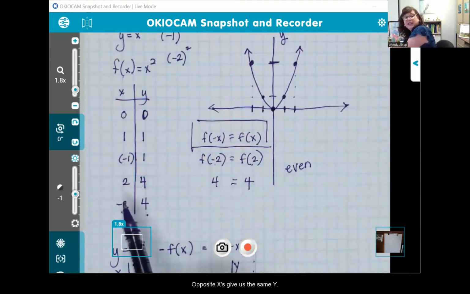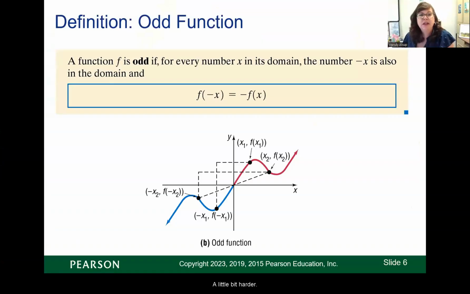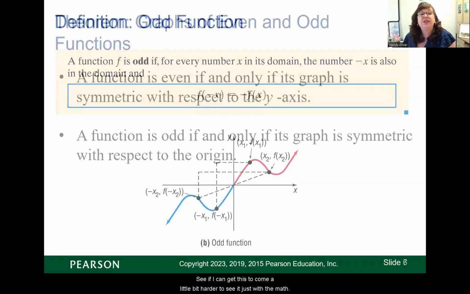Opposite x's give us the same y. Now, mathematically, how do we determine whether something is even or odd? Let's go back to our PowerPoint real quick. It's easy enough to see with the graph, and a little bit harder to see just with the math.